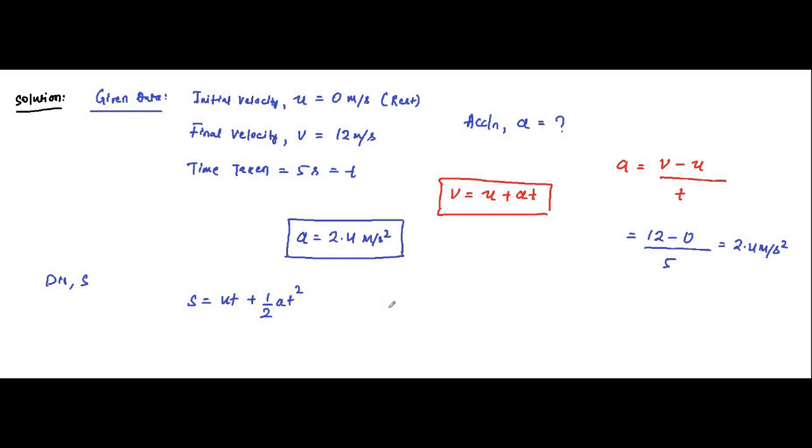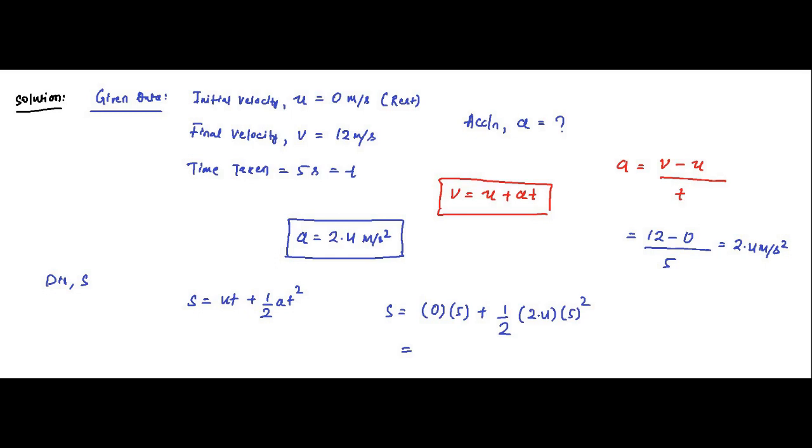So if we put the values, s is equal to ut, u is 0 into 5, plus half, a is here 2.4 acceleration, t is equal to 5 square.